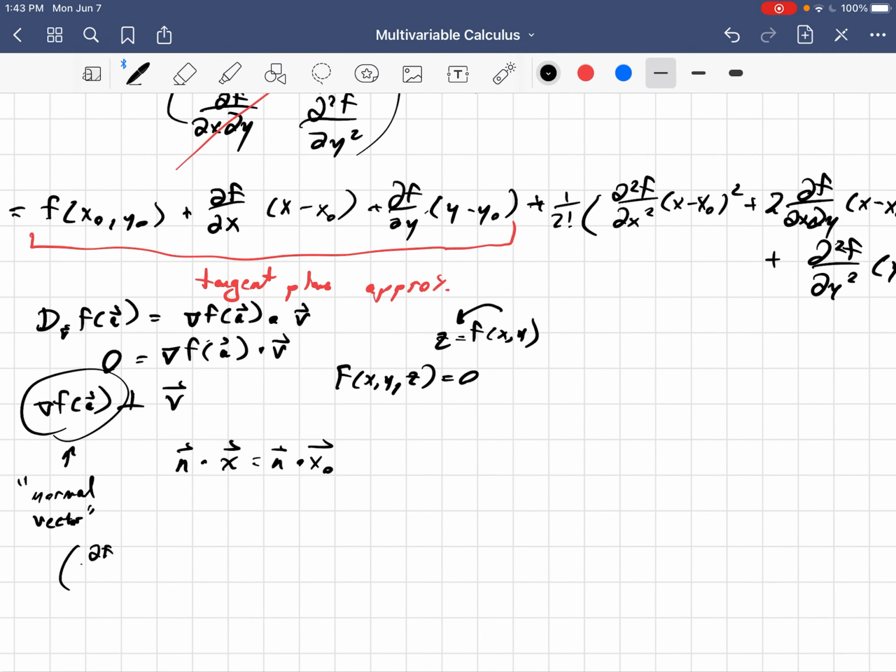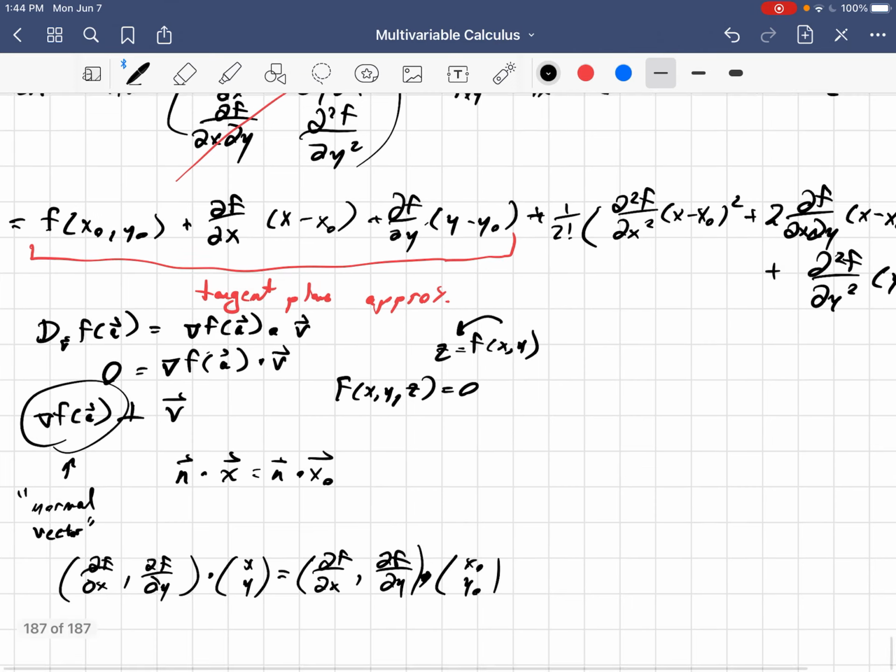It's just the partial of f with respect to x, partial of f with respect to y, dotted with the vector x, which is x, y, is equal to the vector n dotted with the vector x naught: partial of f with respect to x, partial of f with respect to y, and we're going to dot that with x naught, y naught.